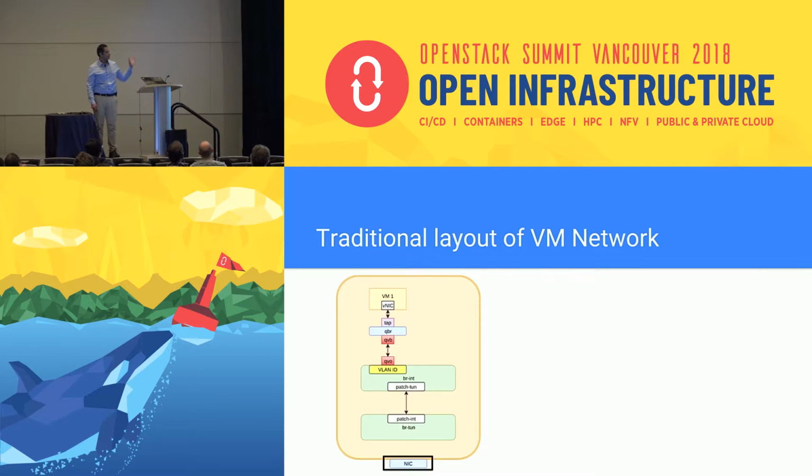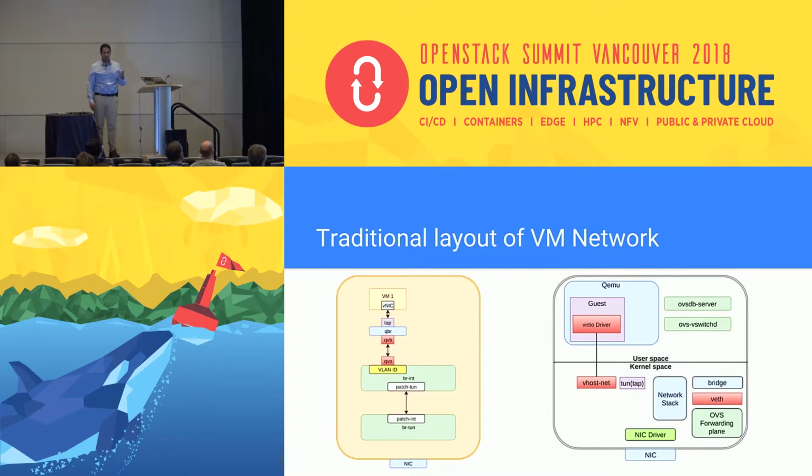This is a conceptual layout, so this is what you draw from a logical perspective, but how is it physically implemented? It actually looks more like this. You have your guest running in user space. It's a regular user space process with a VirtIO driver inside of it. You send the traffic, and it gets handed over to the vhost-net kernel module in the kernel space. Out of that, it gets injected into the tap device, which is implemented using the TUN module.